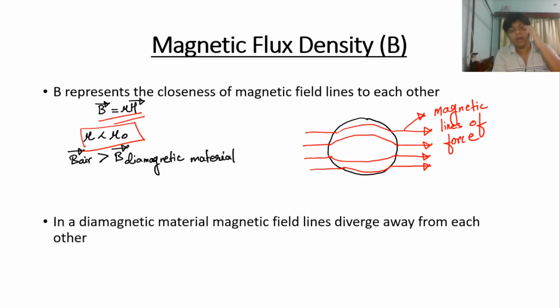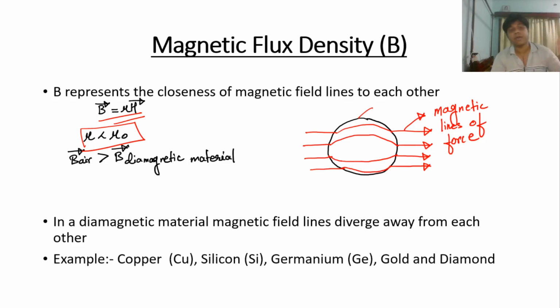As you can see on your screen, all the magnetic lines of force that travel through the material diverge away from each other.